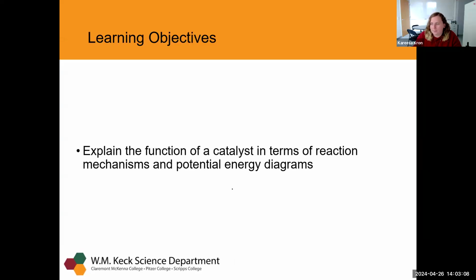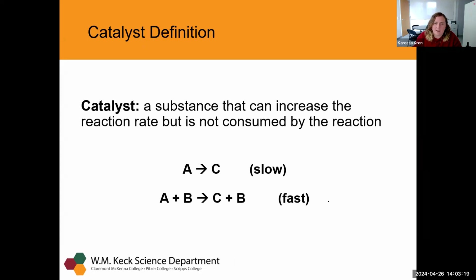Catalysts, and our learning objective is to explain the function of catalysts in terms of reaction mechanisms and potential energy diagrams. So if we go back to a mechanistic expression, like the ones we talked about in the previous videos, we can have different types of steps and different reactions.